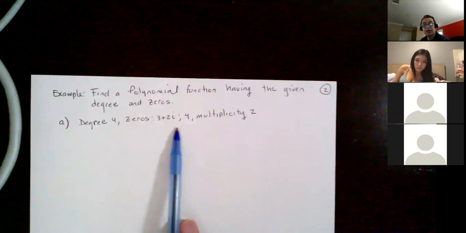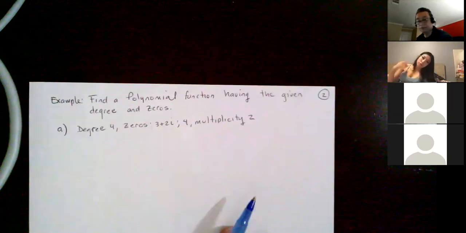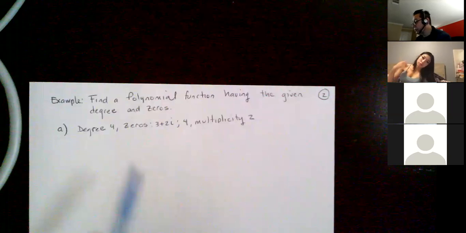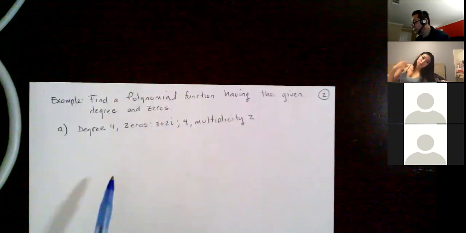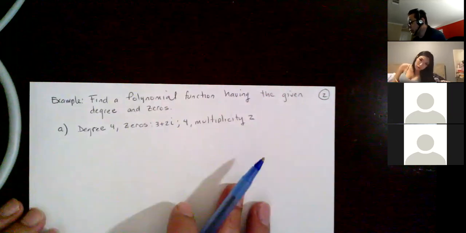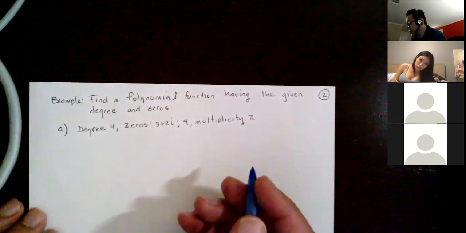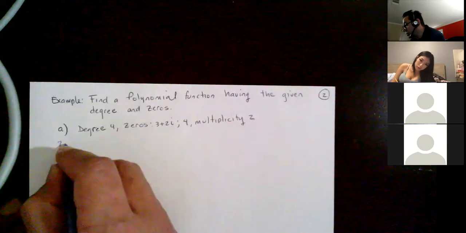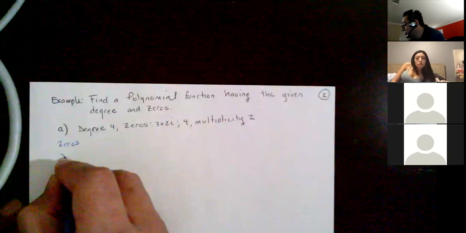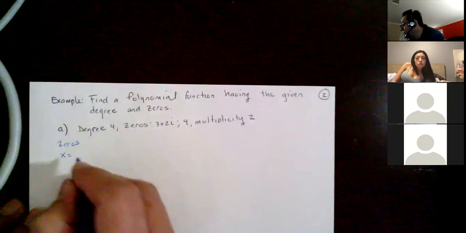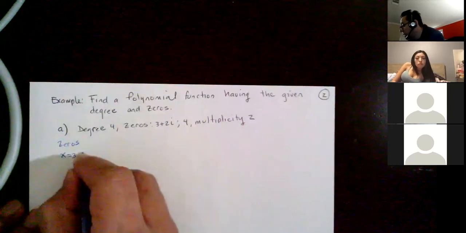Okay, let me do it this way. It's going to be degree 4, right? So these are the zeros, right? Let me write the zeros here. We have x equals 3 plus 2i.